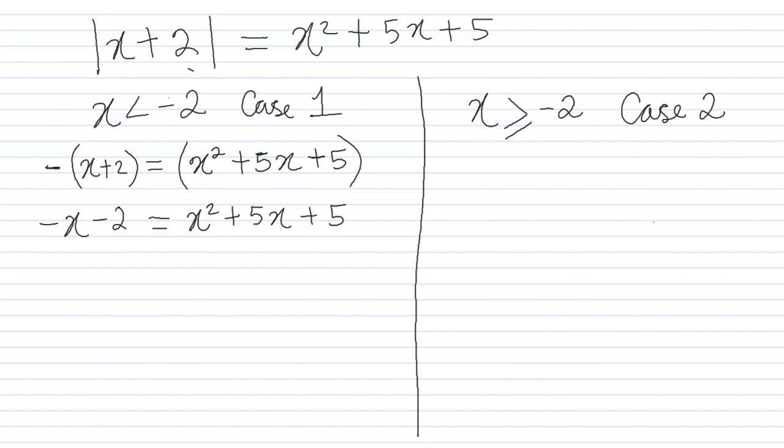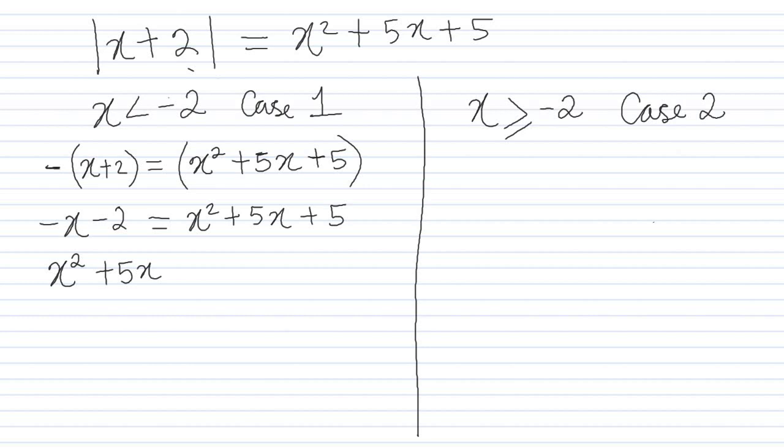So what you end up with is x squared plus 5x. We're going to basically put all of them on one side of the equation.